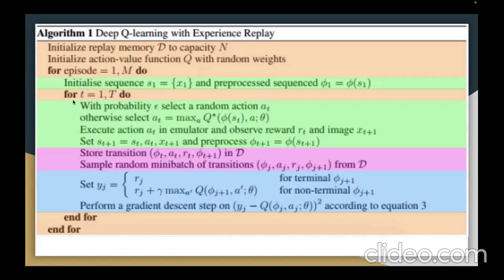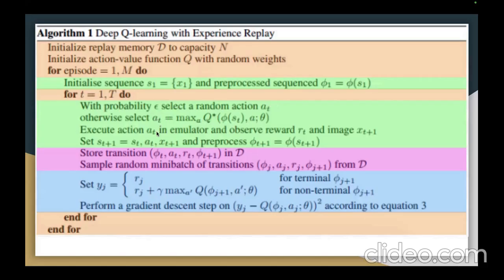For each episode, we set a length, let's say 1,000 steps. For each step, with epsilon probability, for example 0.1, we select a random action a_t, or otherwise we select the action that seems to be the best, and we execute it.